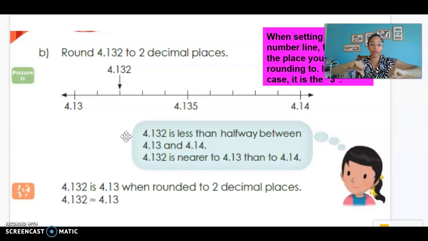So we round down, okay? 4.132 is about 4.13. Remember that wavy equal sign means is about. We're approximating.